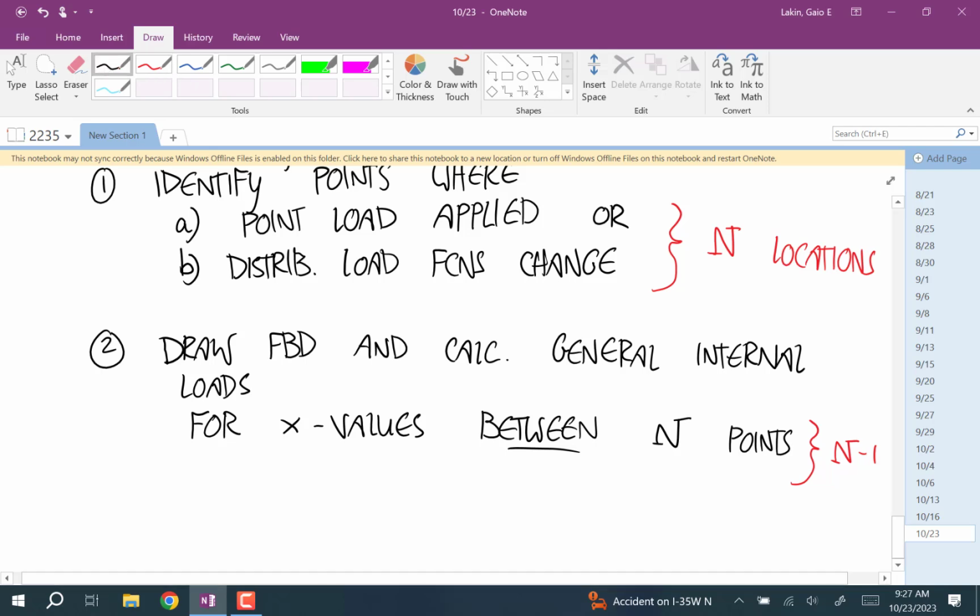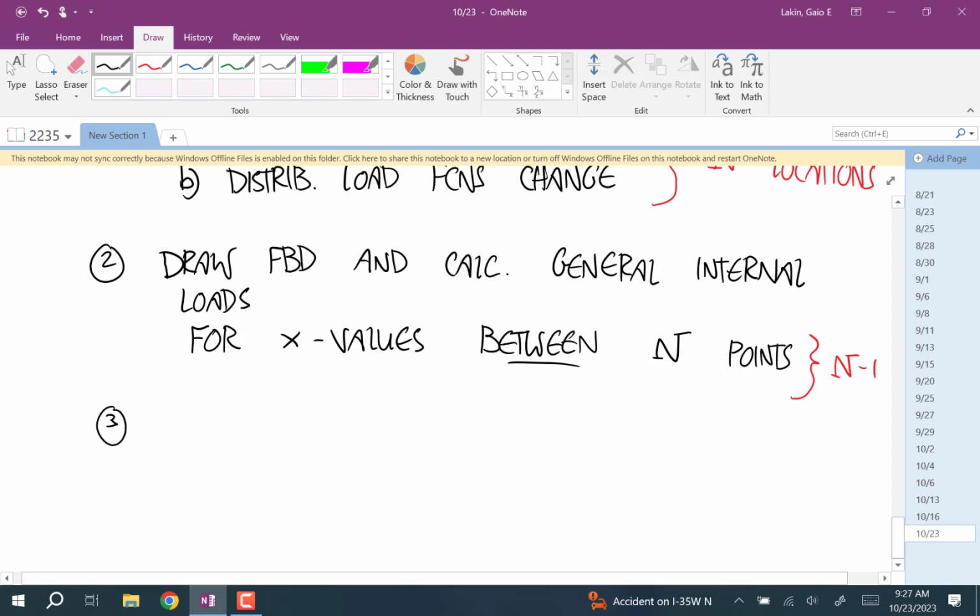Okay. And then the final thing is give the internal loads as piecewise functions of x.